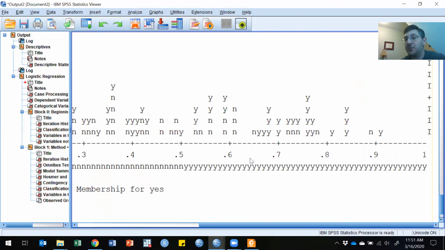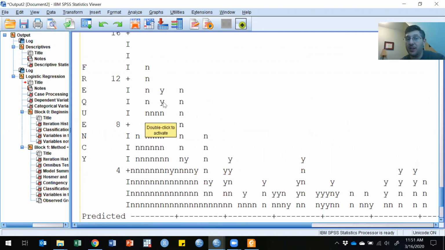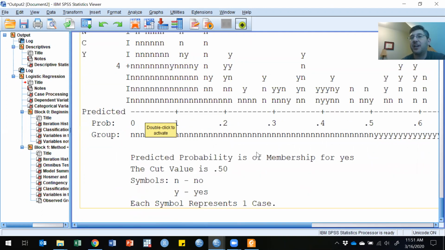See where it's all turning into Y, saying that here's somebody who was not in honors comp, but we're predicting that they are in honors comp. Same thing over here. Here are a few people who are in honors composition, but our model's predicting that they're not in honors composition. So we could try to figure out maybe what's going on with these cases.